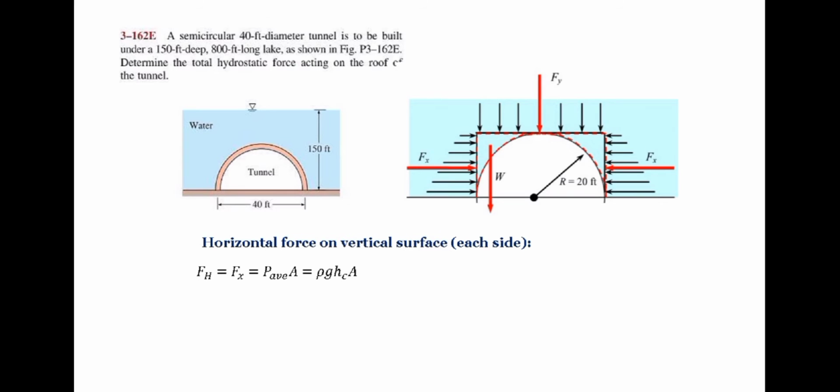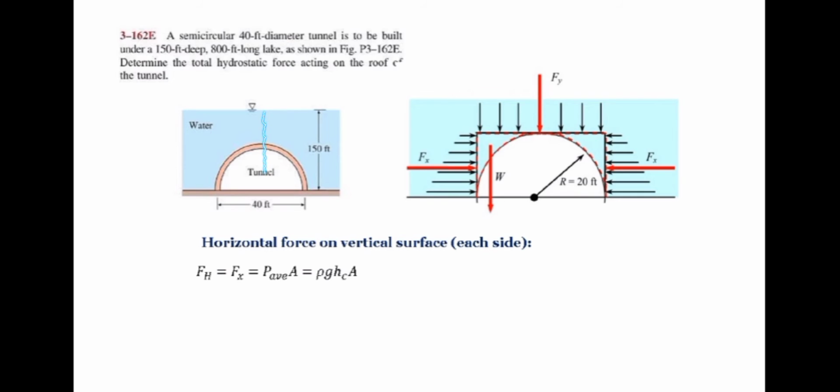So our formula becomes ρ times g times h times the area. In finding hc, we need to add the distance from the surface of the water to the top of the tunnel plus half of its radius.